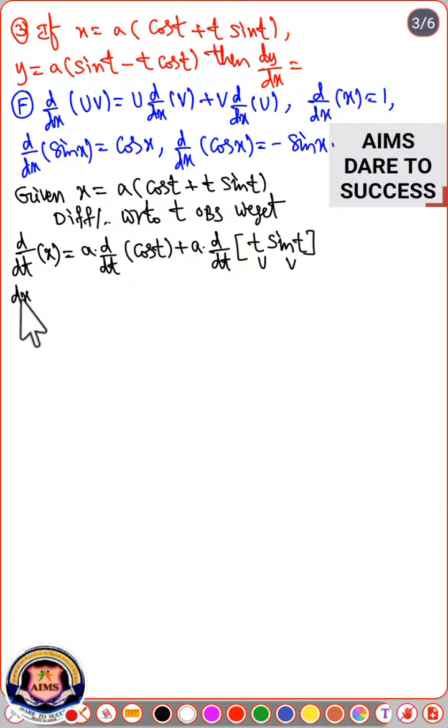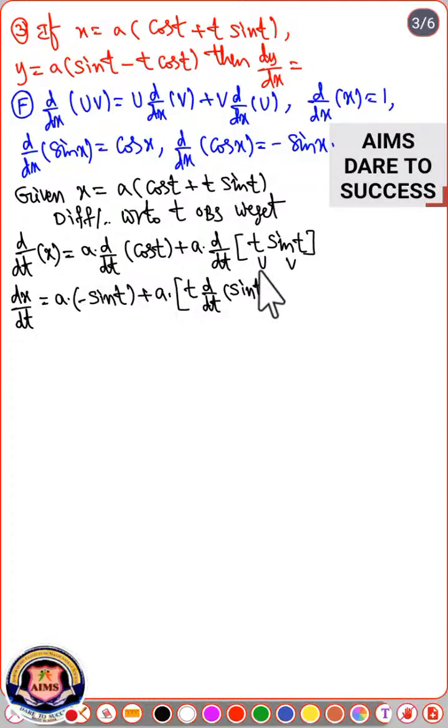D by dt of x is dx by dt, which is equal to a into, this looks like the derivative of cos x is minus sin x. Like that, the derivative of cos t is minus sin t, plus a into, here the uv formula, first value t comes outside into d by dt of sin t plus sin t comes outside into d by dt of t.